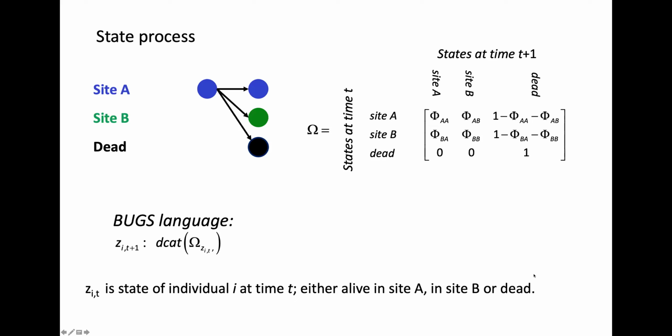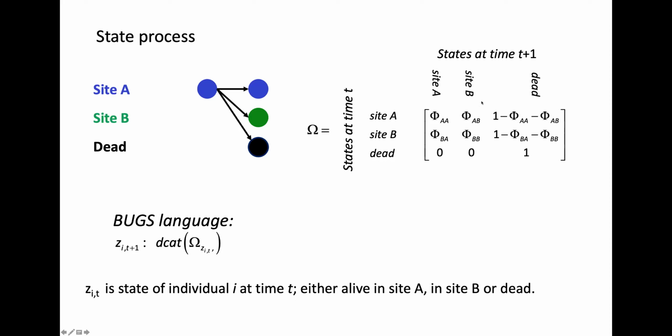And if you formalize that, if you generalize that to any occasion and any individual, we're going to say that the state of individual i at t plus 1 is distributed as a categorical distribution, dcat in JAGS, with parameter the row z_it, which is the state of the same individual i at the previous occasion t, of the matrix omega.